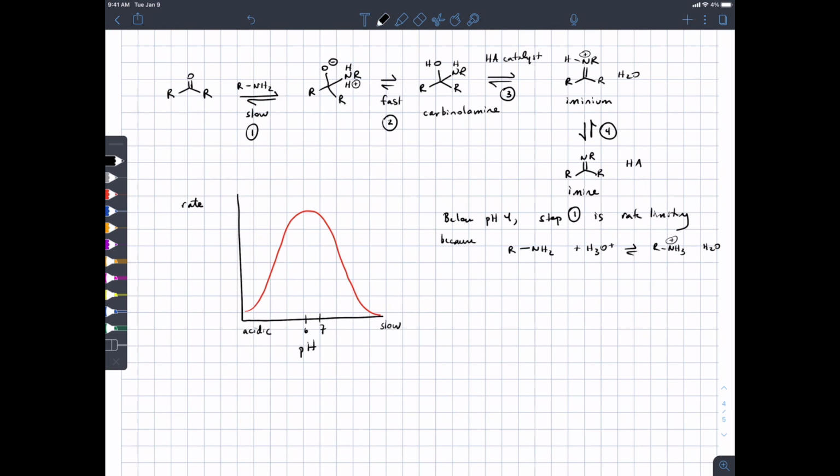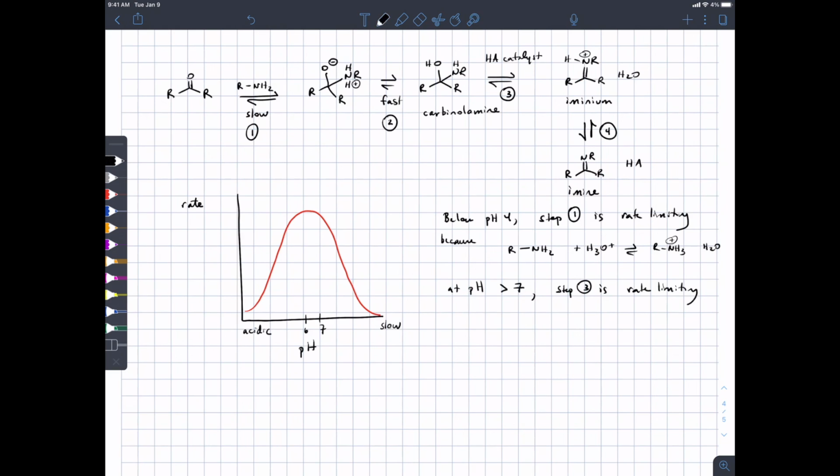In contrast, at higher pH, step 3 is rate limiting. And the reason for this is that at higher pH, you may not have enough acid to protonate the OH to turn it into a good leaving group so that you can get to the iminium.